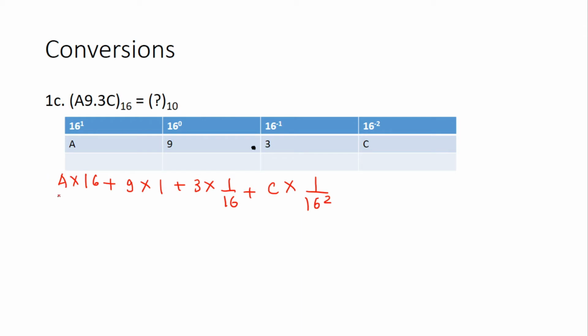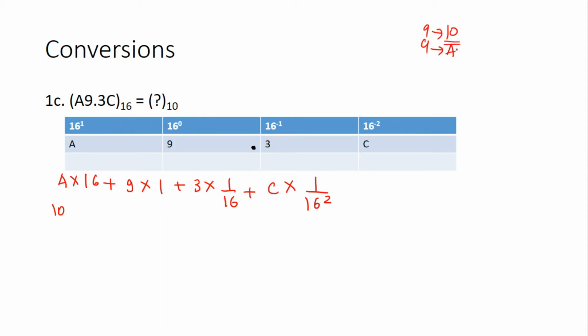Now this A is equivalent to 10, because after 9 in hexadecimal we get A, just as after 9 in decimal we get 10.